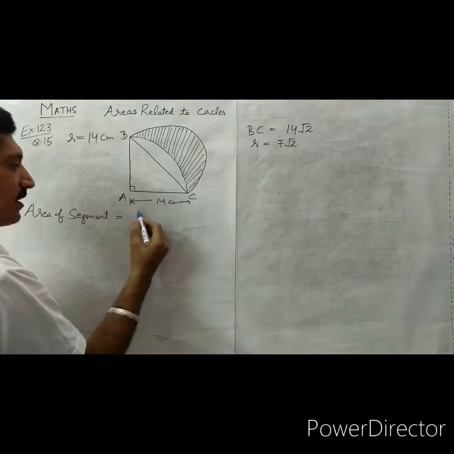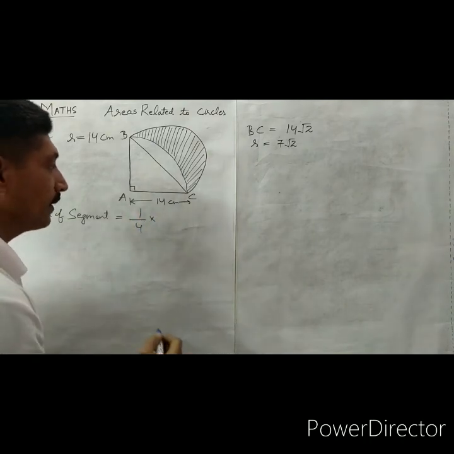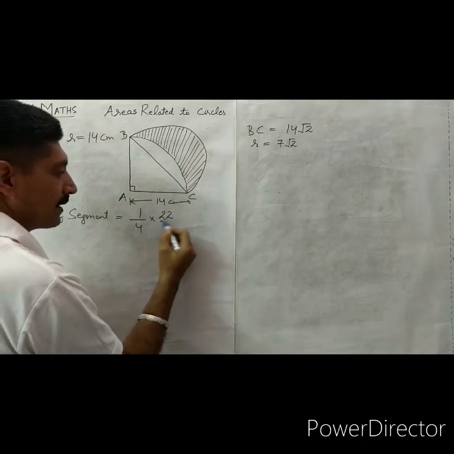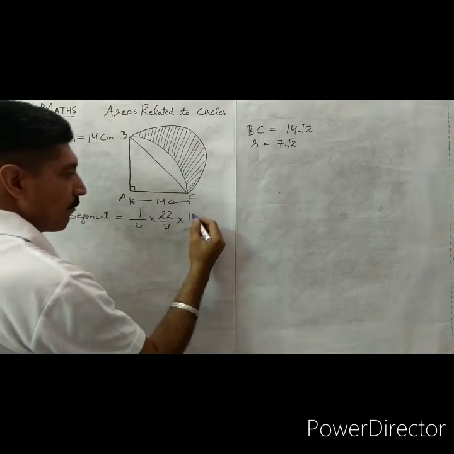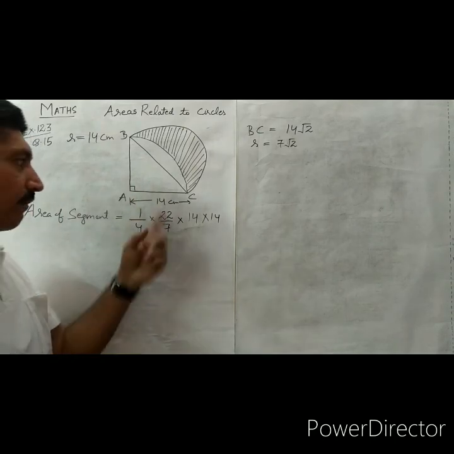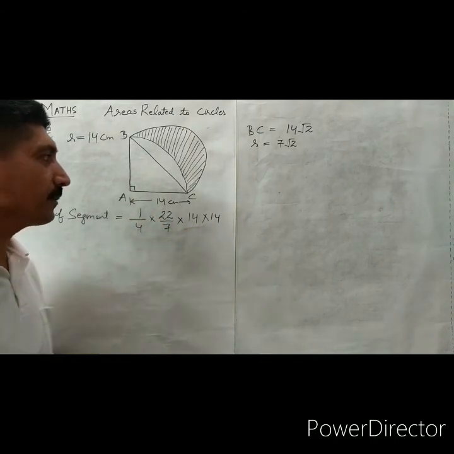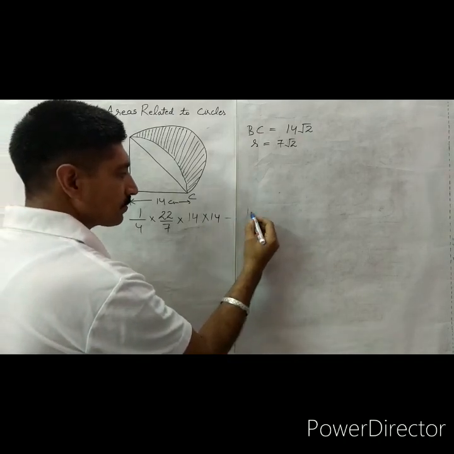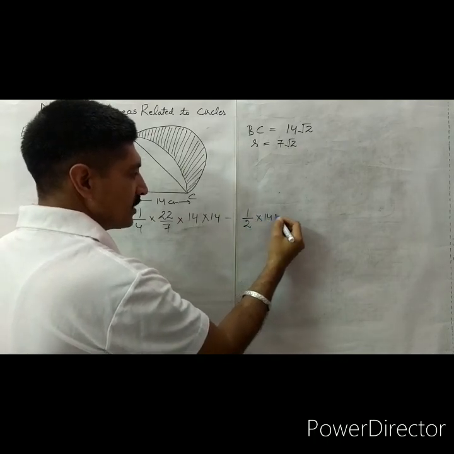Area of quadrant is 1 by 4 into pi, that is 22 upon 7 into r square, that is 14 into 14. This is the area of the quadrant, 1 by 4 into pi r square, minus area of the right triangle, that is half into base into height.